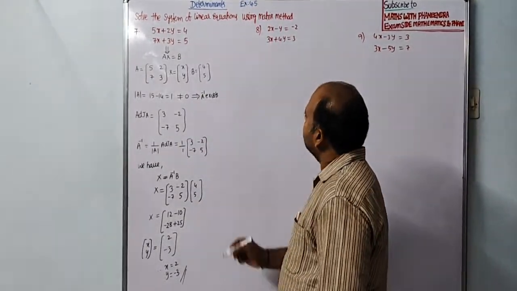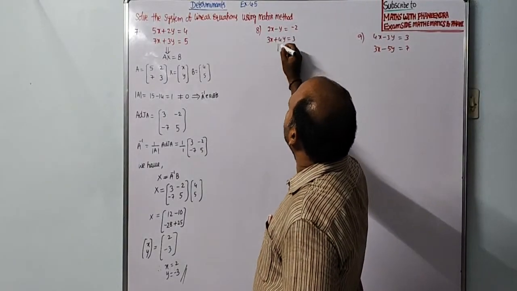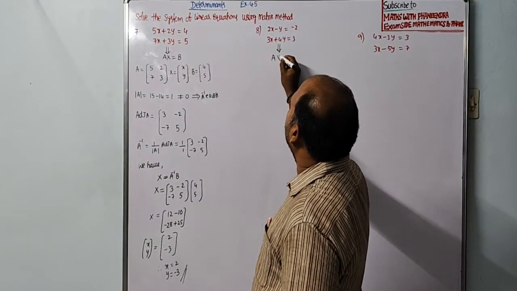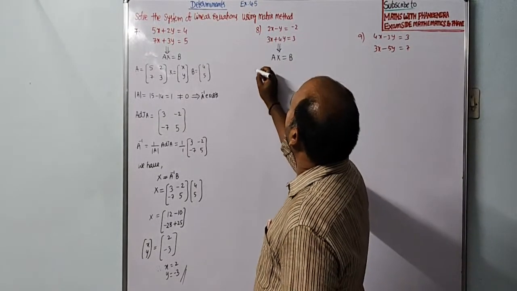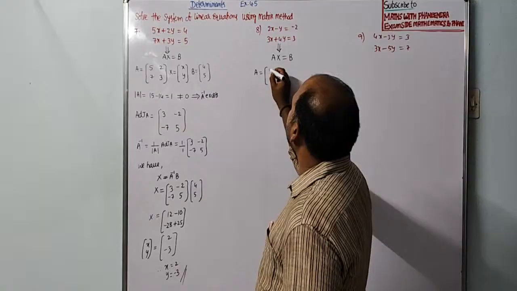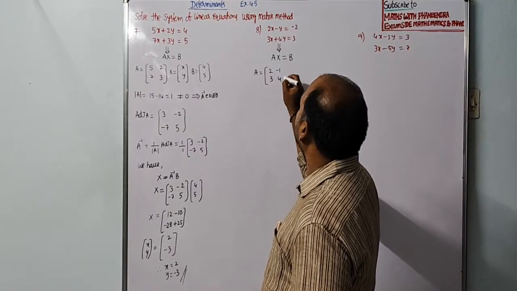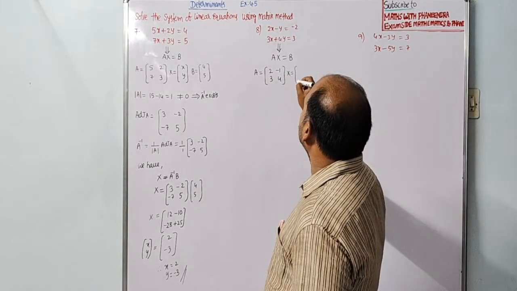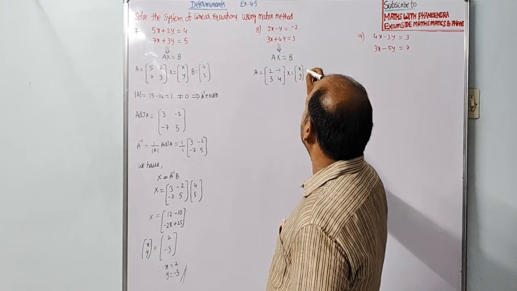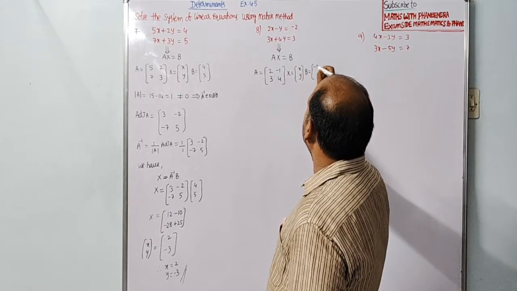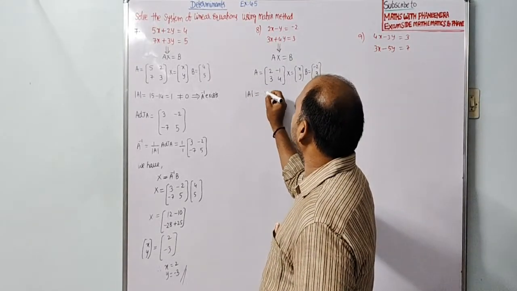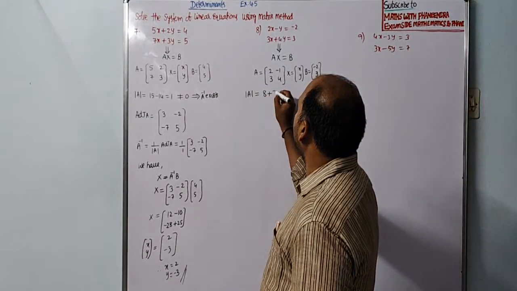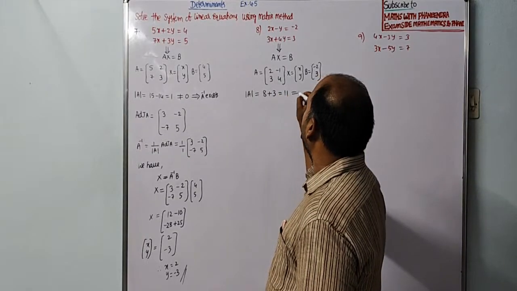Now come to here. Here also we will proceed the same way. Ax is equal to B, first we write, and then A is equal to 2 minus 1, 3 4. X is equal to small x, small y, and B is equal to minus 2, 3. So det A equal to 8 minus of minus 3, 8 plus 3, 11, not equal to 0.